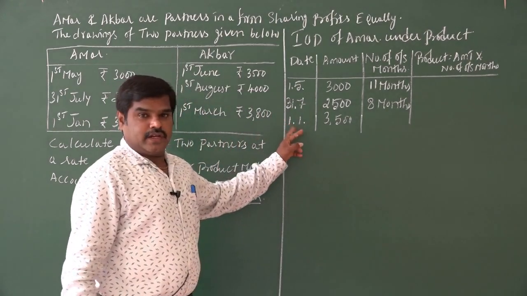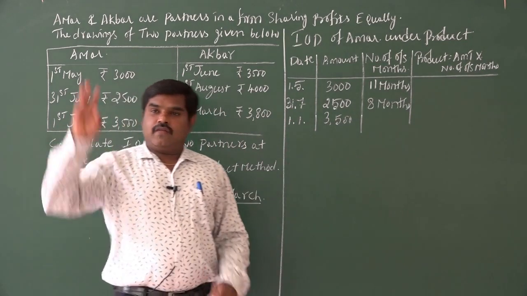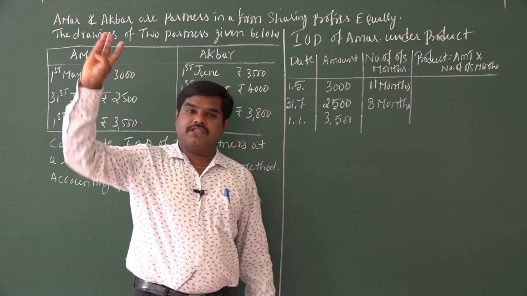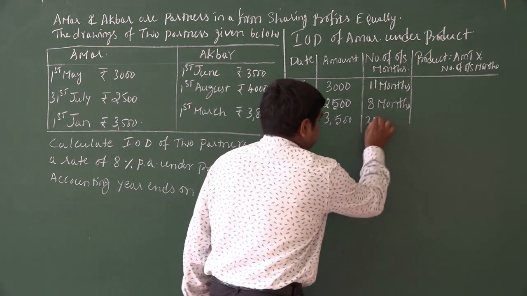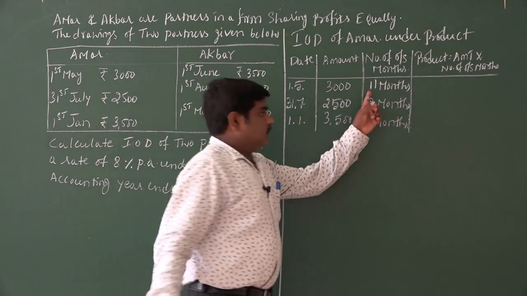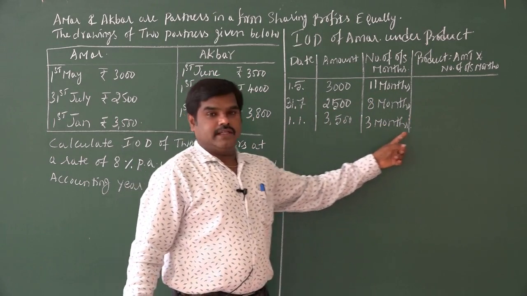Go to the next one, 1st of January, 1/1. January should be included: January, February, March. So 3 months. So 11 months, 8 months and 3 months.